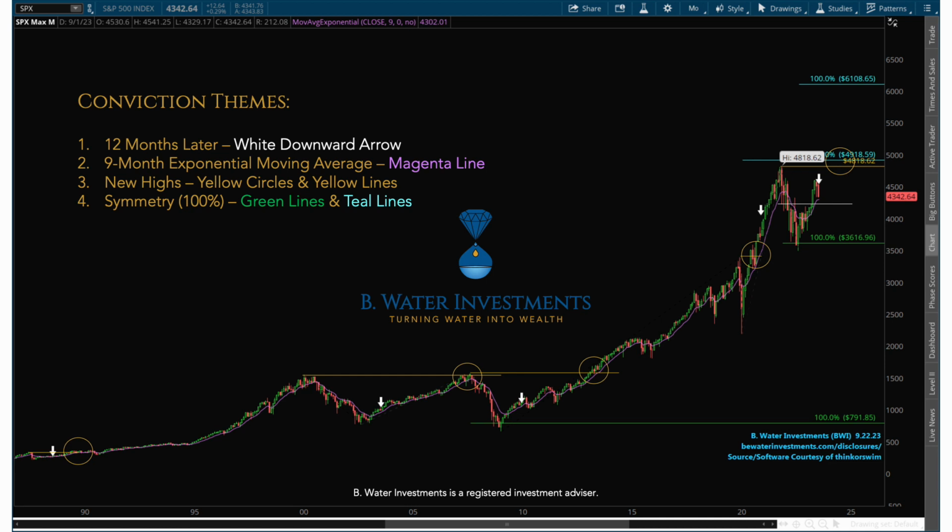Seasonality from history matches with symmetry from prior historical moves. And we have a thesis and an arrangement of beliefs that causes us to maintain long positions and increase exposure as the market falls, as is the case right now.